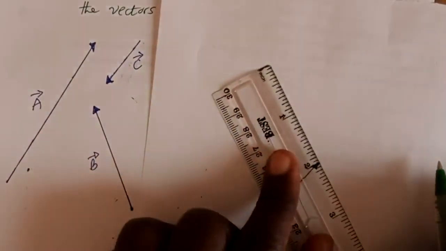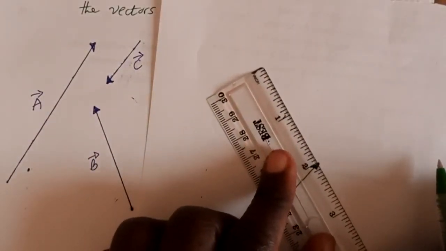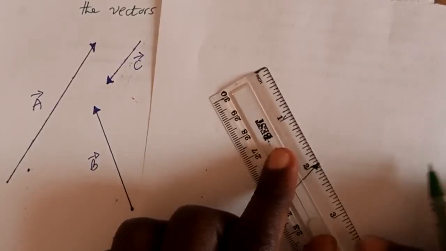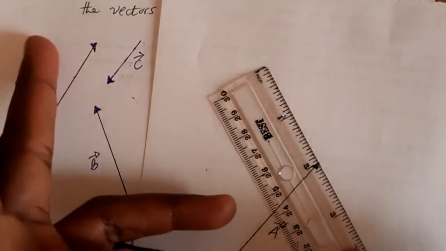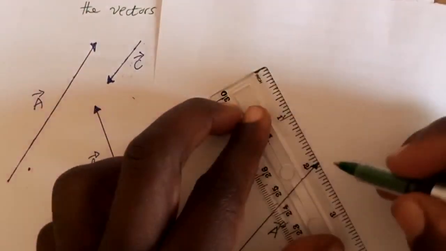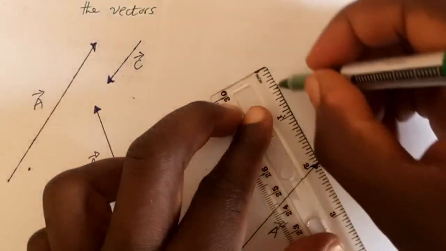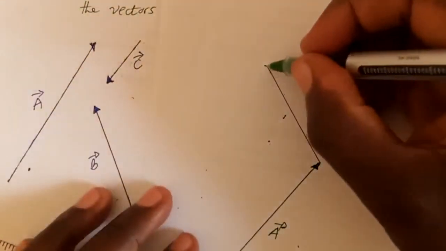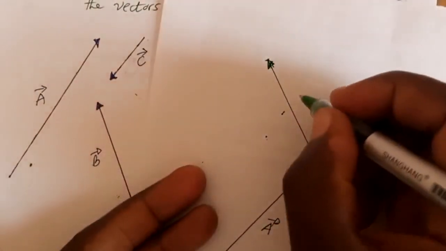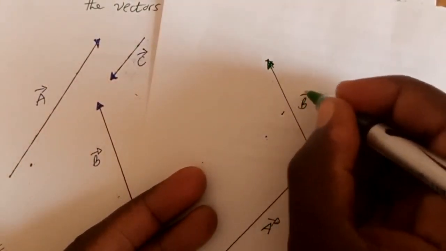You see, it's in this direction and I'm drawing it parallel to my B. So this is vector B.